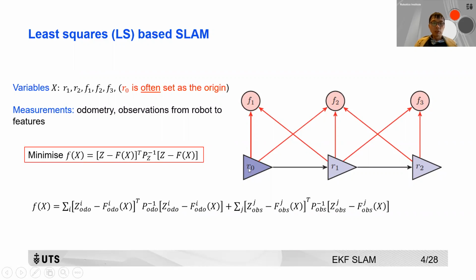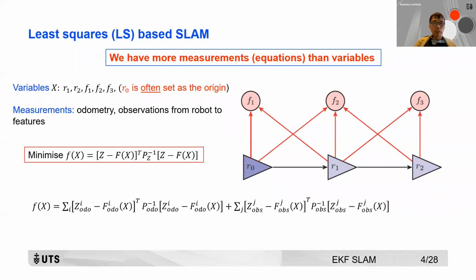For odometry, we have 2 here, so this sum is 2 terms. And for observations, depending on how many, here 1, 2, 3, 4, 5, 6, 7, so this will be 7. We sum all those terms together. That's our objective function. And it's clear that in this case, we have more measurements than variables. So this is a standard least square optimization problem.